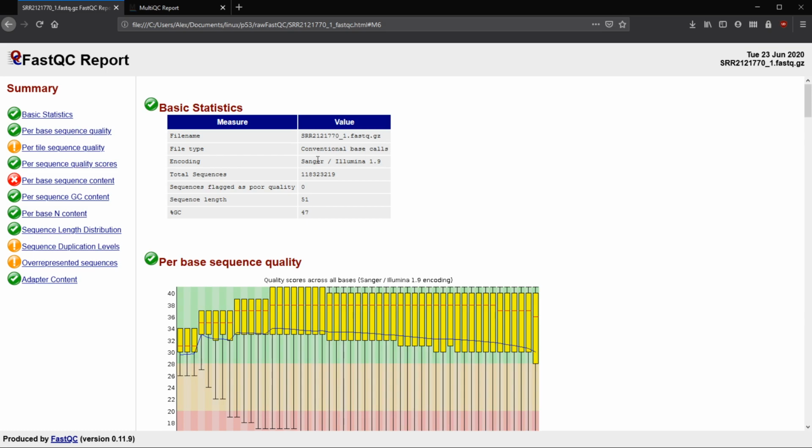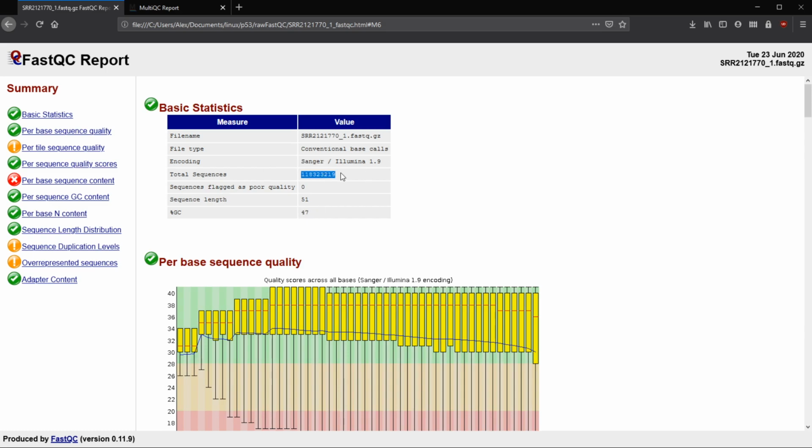File type, just basic. We have Illumina reads. Sanger, I'll mention this a little bit later when we start talking about the per base N content. Sanger always has a really high per base N content at the beginning and the end, because the first 25 are just bad reads.